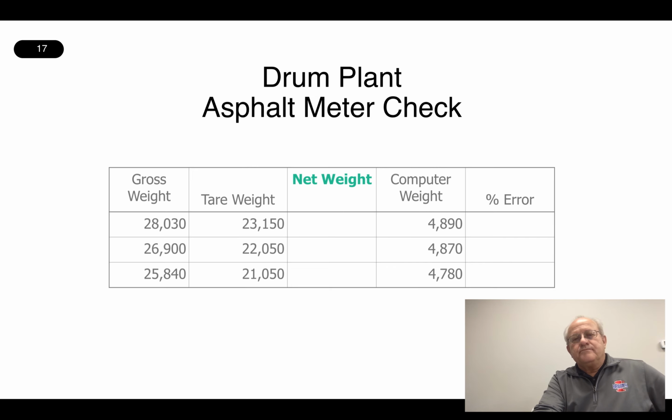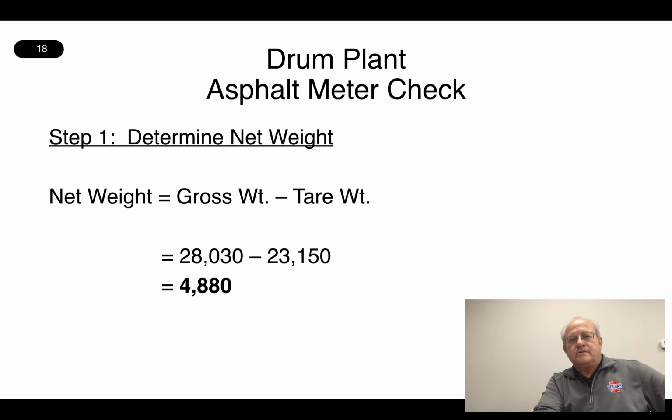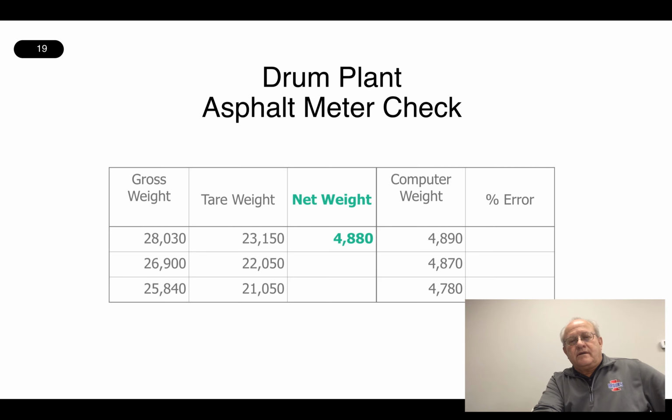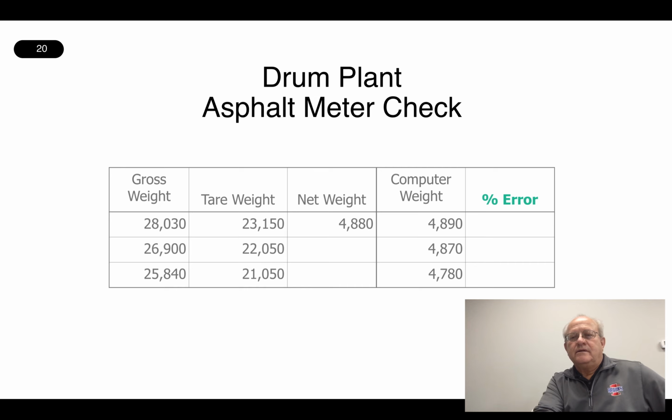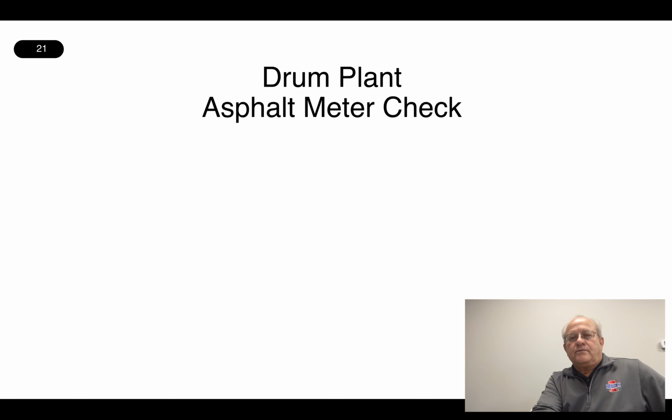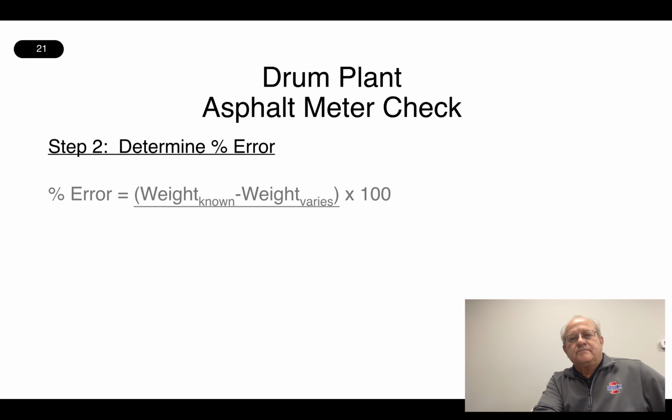So in this one, you've got 3 computer weights, 3 gross weights, 3 tare weights. The first one there is a net weight of 4,880. The computer said 4,890, only a 10-pound error, which gets you the same calculation.